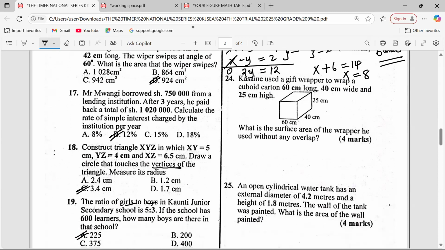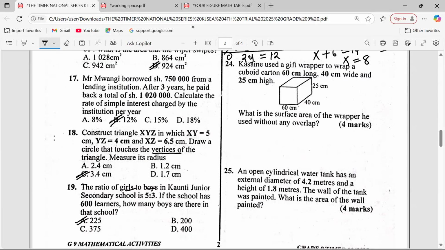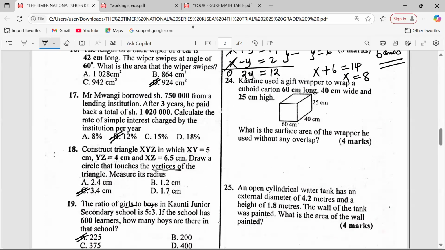Kasaine used a gift wrapper to wrap a cuboid carton 60 centimeters long, 40 centimeters wide, and 25 centimeters high. So the box is there. What is the surface area of the wrapper used without any overlap? We need the surface area of this cuboid because we're assuming that there are no surfaces of the wrapper that overlapped. Then let's work it out. So there is a face measuring 60 by 25, and such faces are 2.